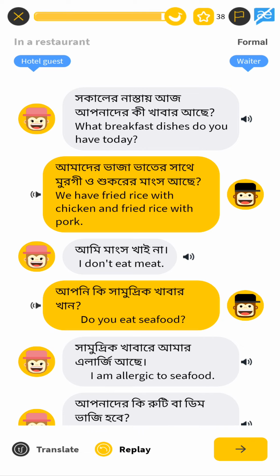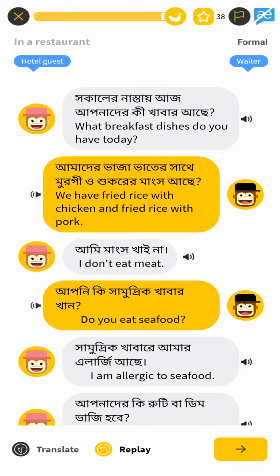Honestly, I wouldn't have known that. Like, that's not how I would have even attempted to say that. Amader bhaja bhater, so fried rice. Shathe, which is with. And I still don't understand the difference between shathe and shonge.